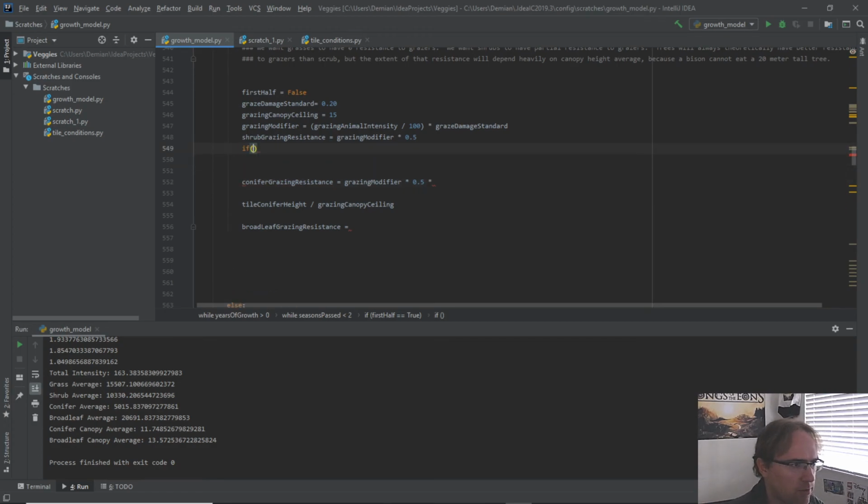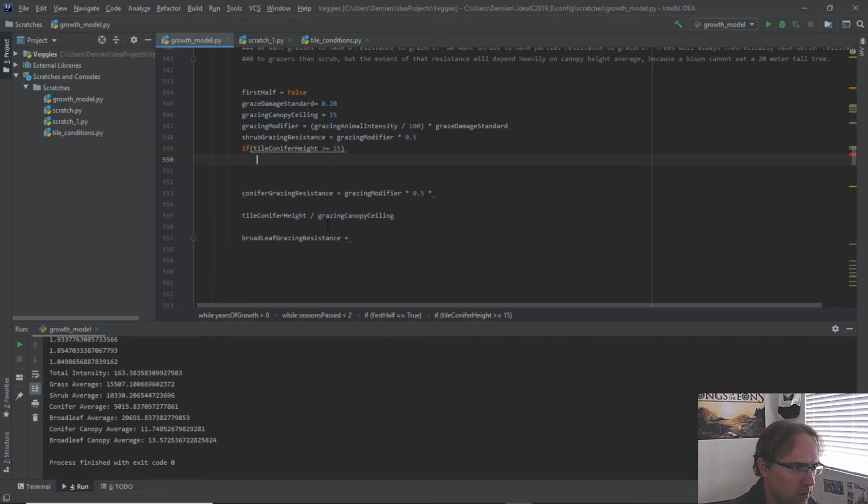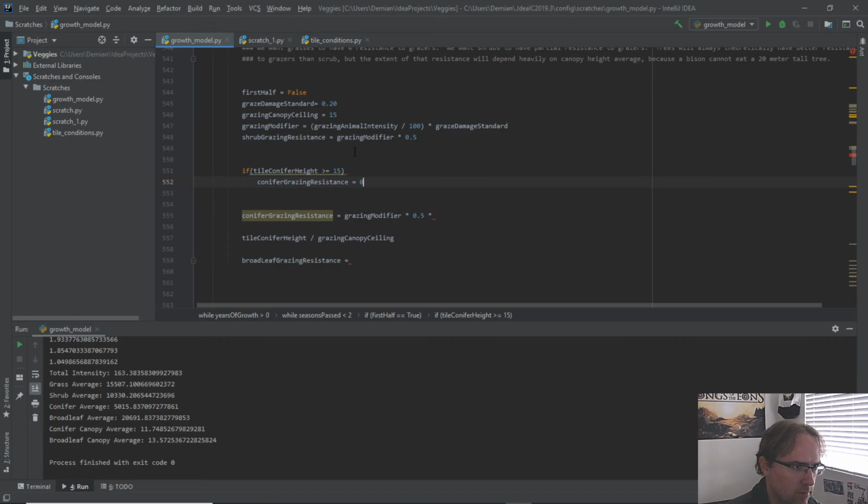Do this. If tile conifer height is greater than or equal to 15, conifer grazing resistance basically just means that there's 0 damage caused.